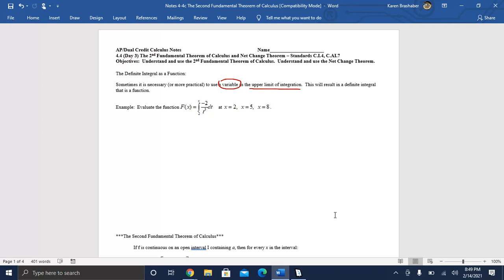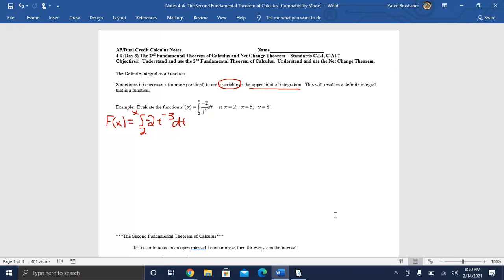We have f of x equaling, and then we'll integrate from 2 to x. I'm going to go ahead and rewrite this as negative 2t to the negative 3 dt power.